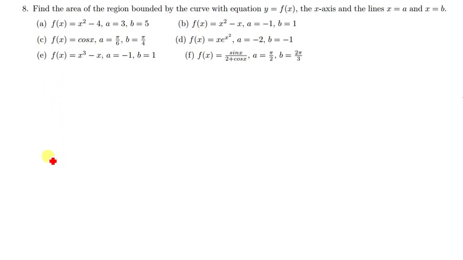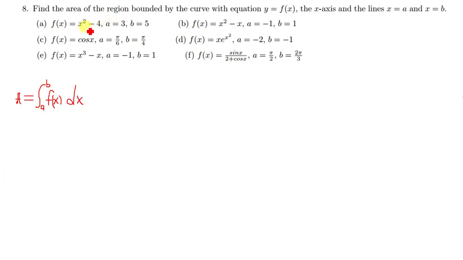The area is just the integral of f of x with respect to x, given the limits b and a.